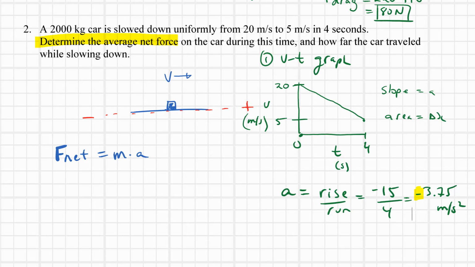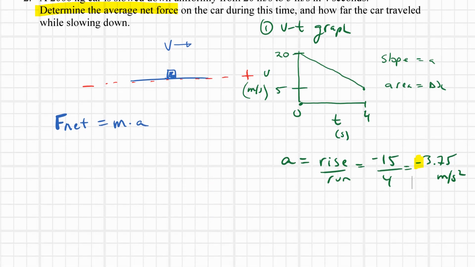Now some of you might have also solved this using our big 5, our kinematics. Thinking about this, we could have written vi is equal to 20 meters per second, and the final velocity is equal to 5 meters per second. Time goes by, delta t is 4 seconds, and we could have said, I wonder what acceleration is. If you have your constant acceleration formulas, one way to look at it is the one that does not have displacement, doesn't have delta x in it.